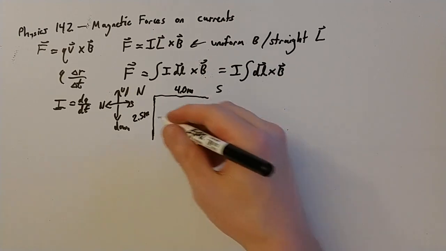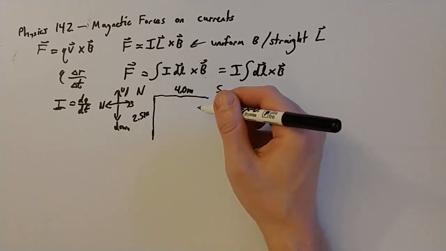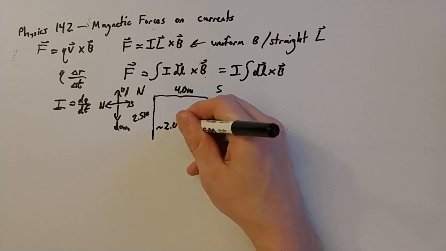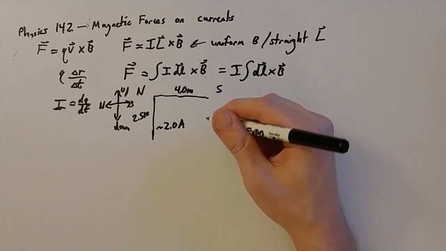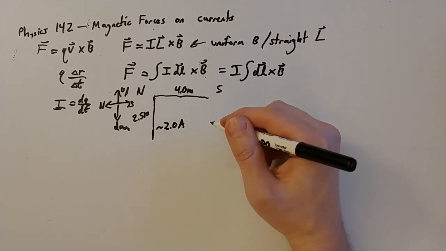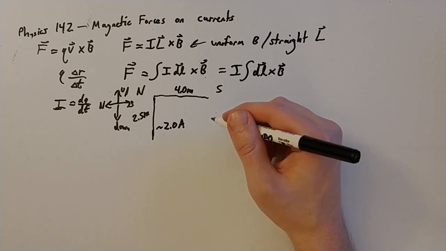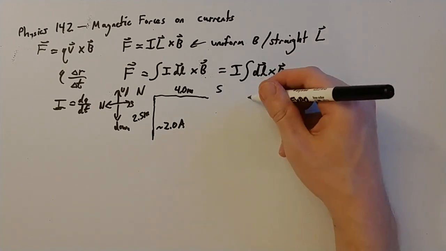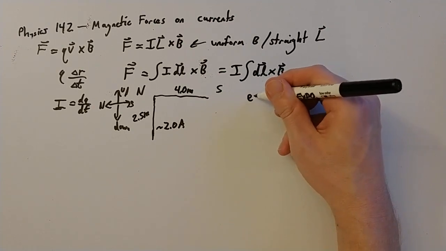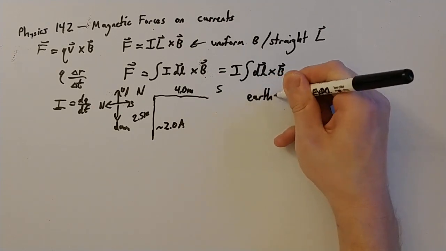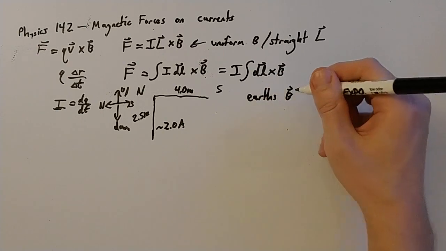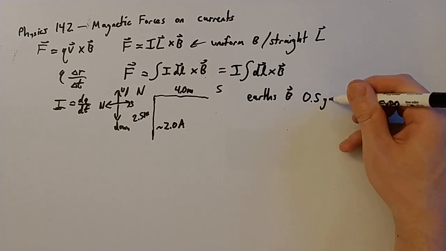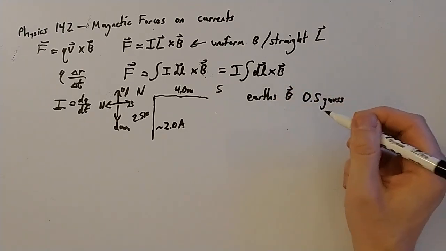And let's say typically wires in a house carry about 2 amps of current in them. All right, 2 amps of current. And what I'm interested in is Earth's magnetic field. Let's say Earth's magnetic field is half a Gauss at this spot.